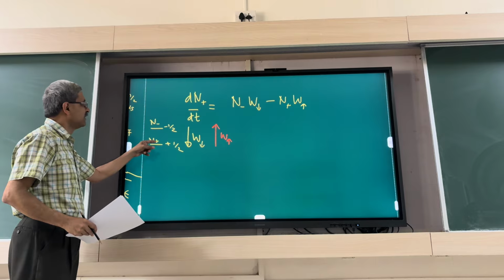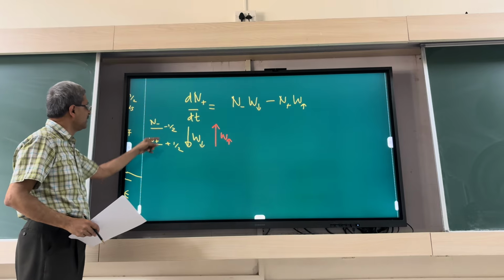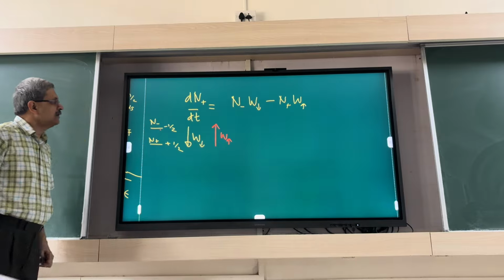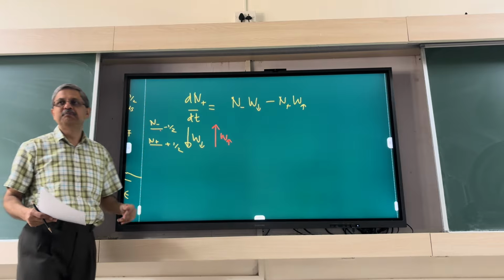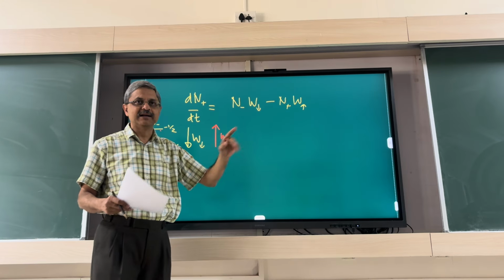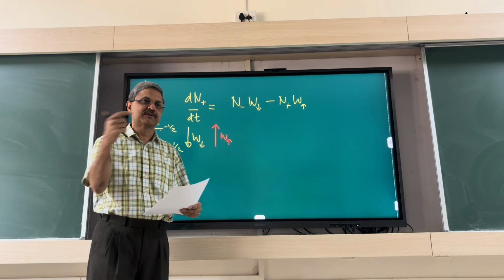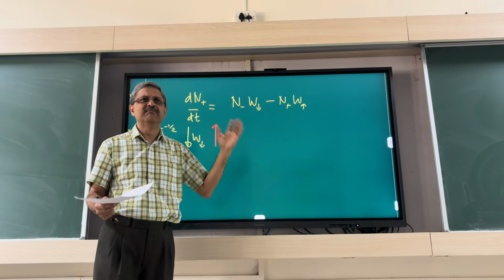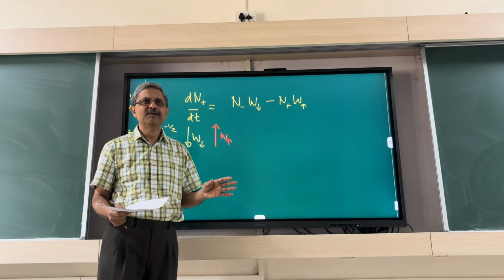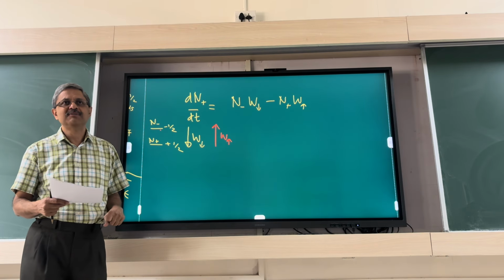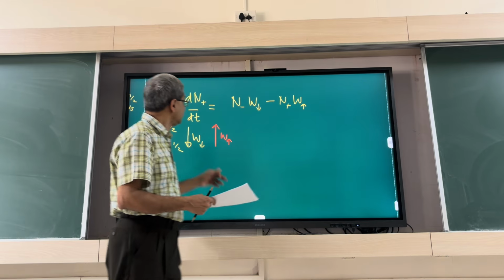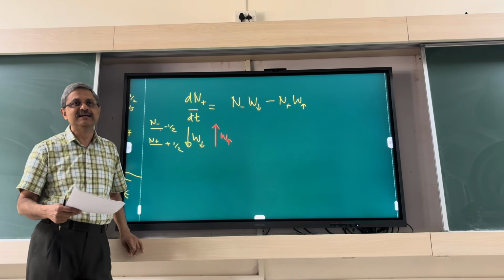Whatever you have in the plus state is going away, so there's a decrease, therefore a minus sign. Now, unlike the previous case where there was no lattice and you just had transitions between two levels because of the RF field, where the transition matrix element was the same, so those rates were the same, not in this case. Because if they were the same here, then dn by dt would be 0 in steady state.